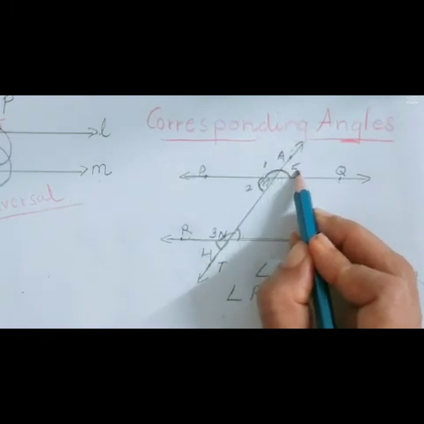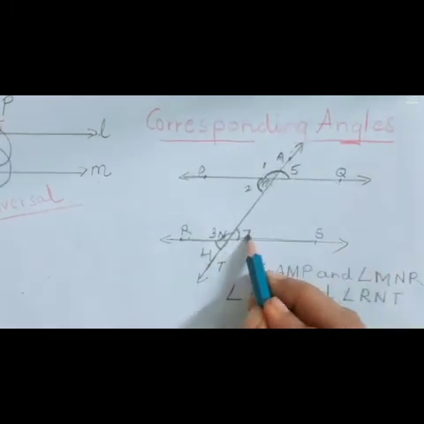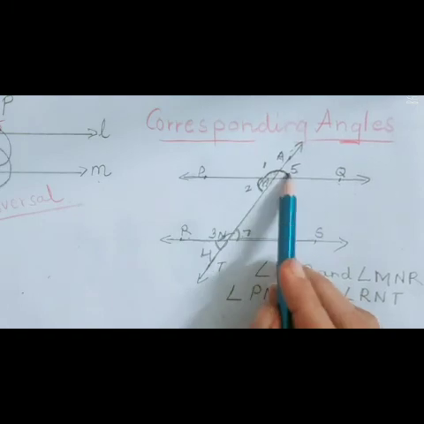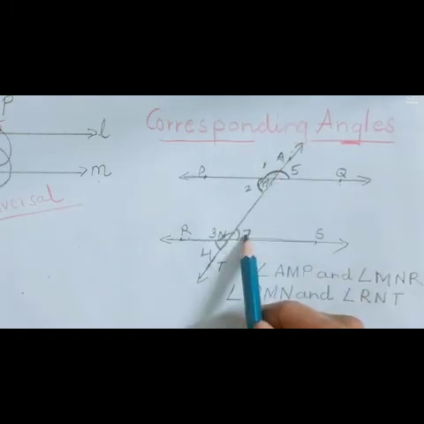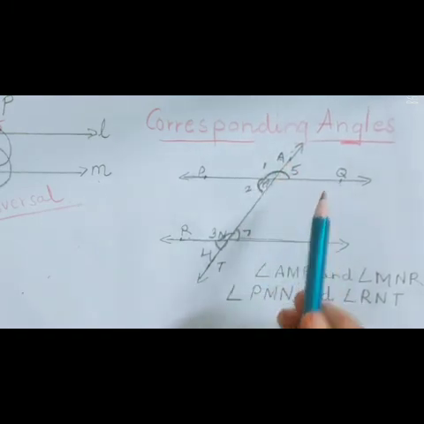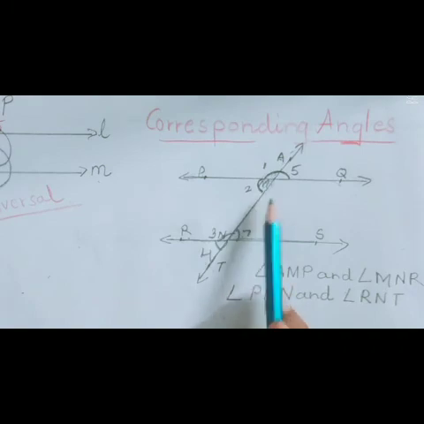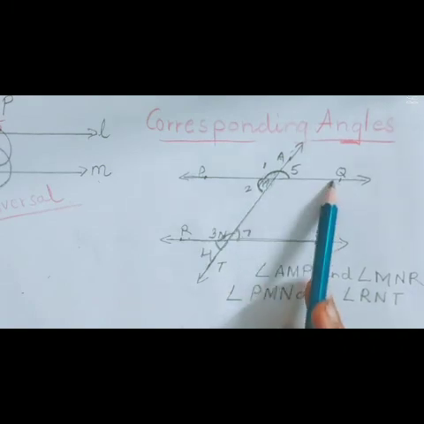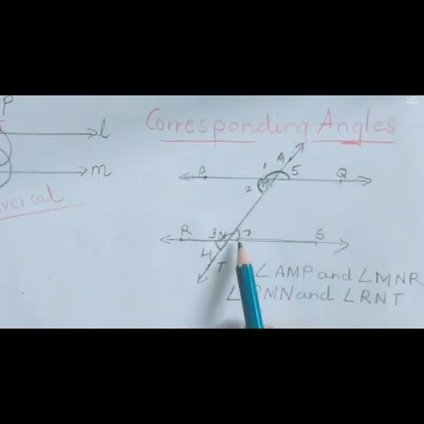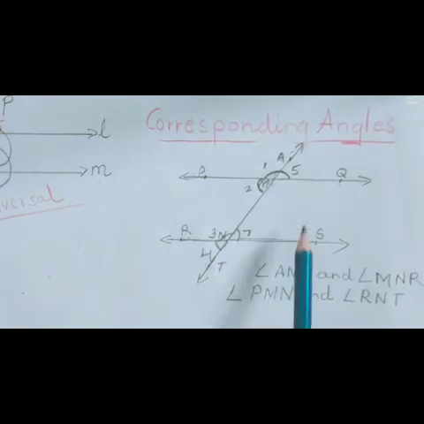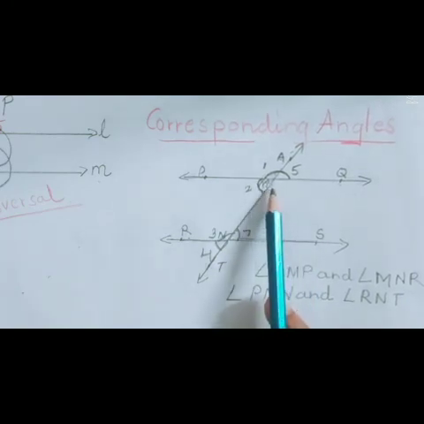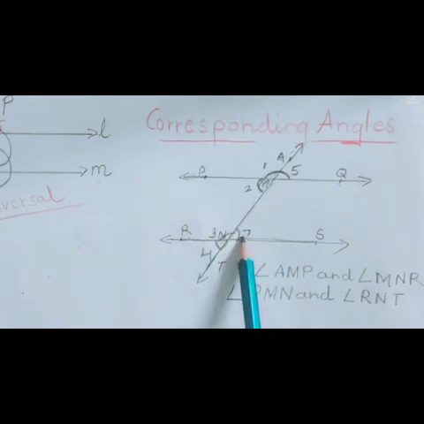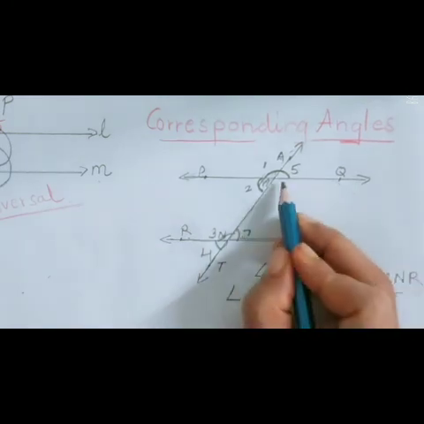Then next pair also you can take, that is angle QMN. Sixth one QMN, and then you have the angle S and T. S and T. The last one angle will be S and T. So here QMN is your sixth angle.